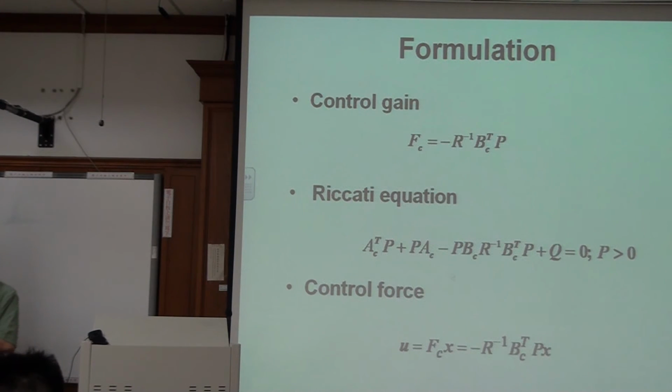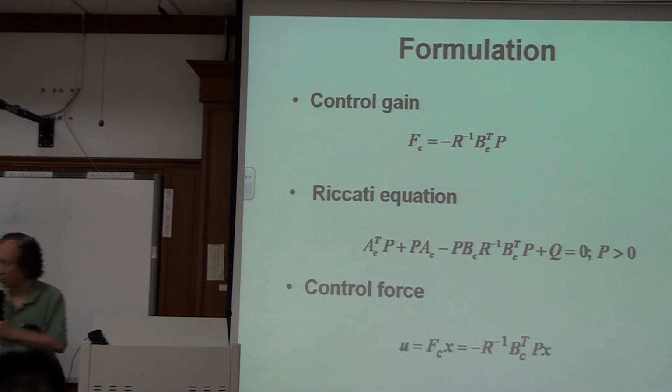And then more than that, there are some other cost indices. When you read the optimal control book, you can see there are a lot of different J. Some J will even have x(TF) transpose QF x(TF), plus the integral from 0 to TF of x transpose Q x plus u transpose R u, dt.